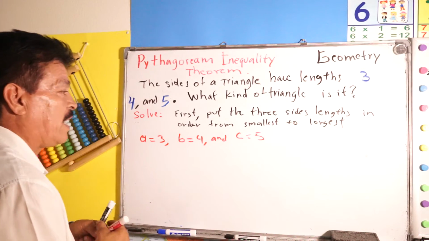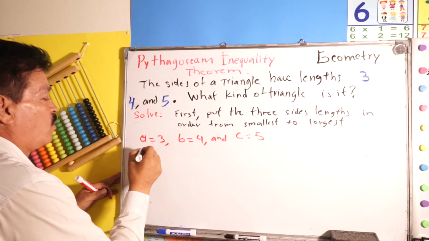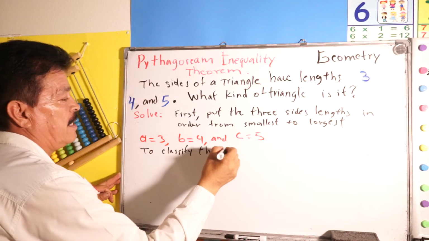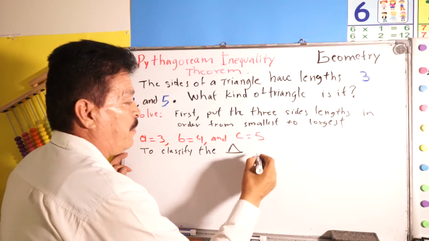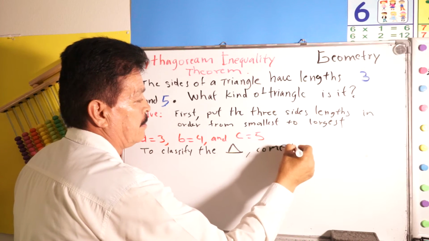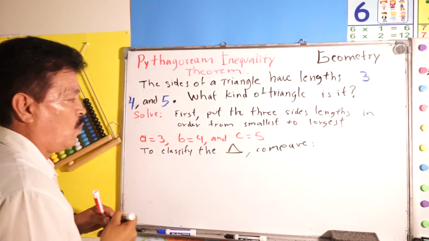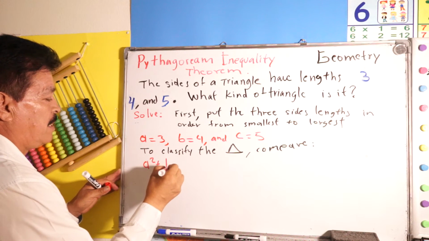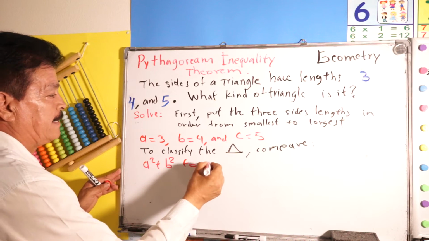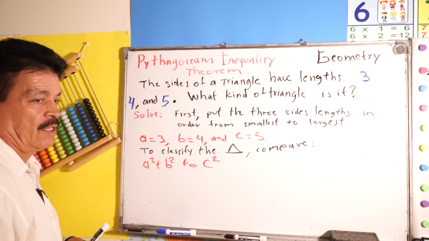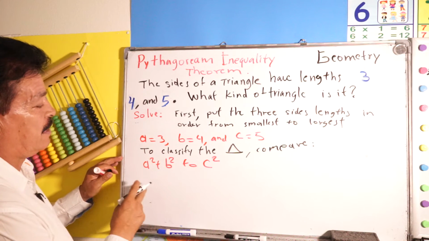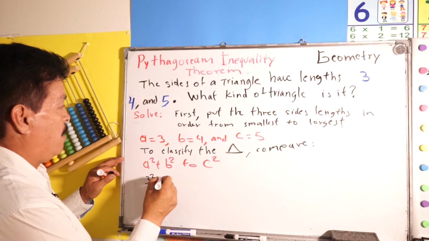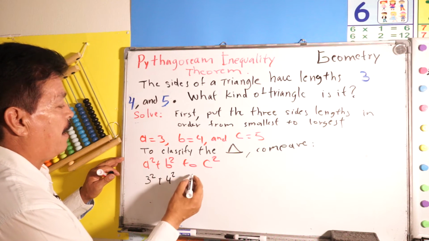Alright, that's it. Now to classify the triangle, compare a squared plus b squared to c squared. So the first one is 3 to the second power plus 4 to the second power.